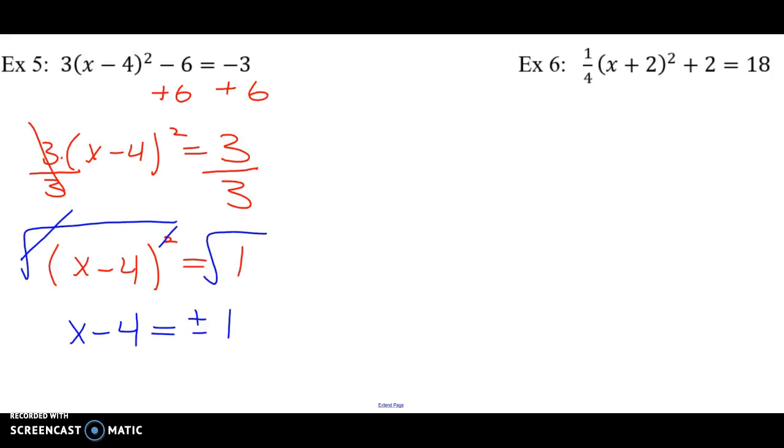You have to do the plus or minus now, okay? So basically, kind of like remember absolute value, we split it apart, we did one positive, one negative? It's really the exact same thing. Because basically what this is saying is we have x minus 4 equals 1, but x minus 4 also equals negative 1. X minus 4 equals plus or minus 1.